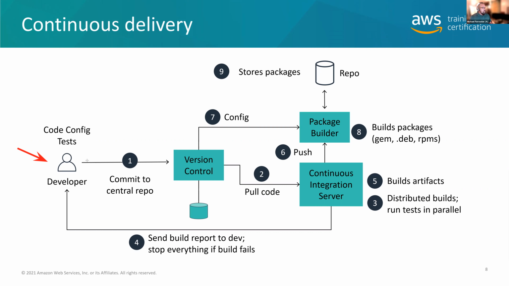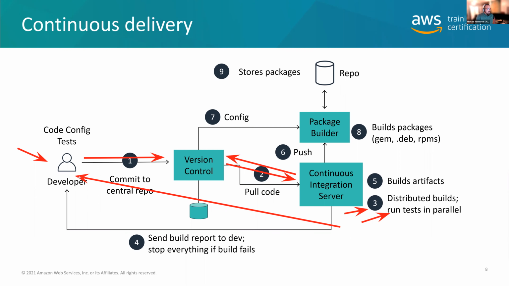So the developer comes in first, then we commit to the repo in version control, and then the build server is either polling or the version control system tells the CI/CD server, like a Jenkins, for example, or Bamboo or whatever. There are so many options nowadays. This CI server is going to run the build, run tests in parallel. And then it's going to send a build report to the developer, saying, hey, everything looks good.